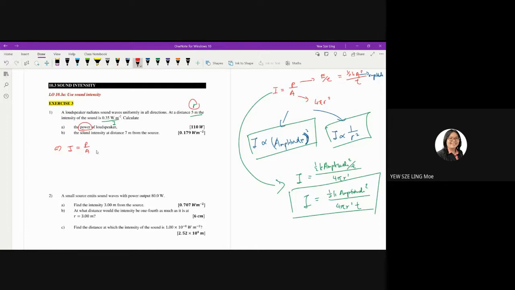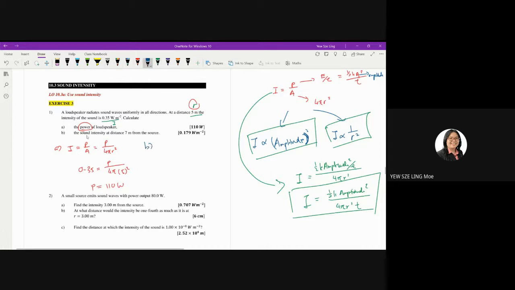So I is equal to P over 4 pi r squared. You have to make sure your r is in SI unit, because your intensity is given in SI unit. So 0.35 is equal to P over 4 pi 5 squared. So P is equal to 110 watt.